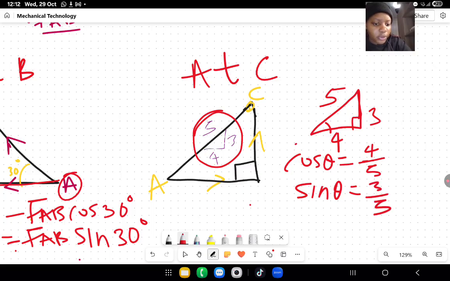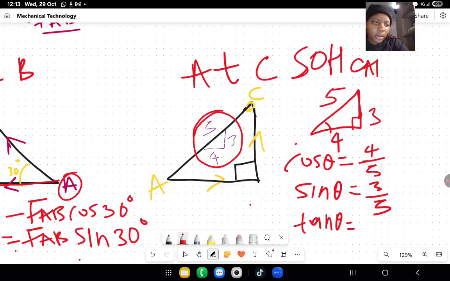Then our tan theta equals opposite over adjacent, our opposite is 3 over adjacent 4.